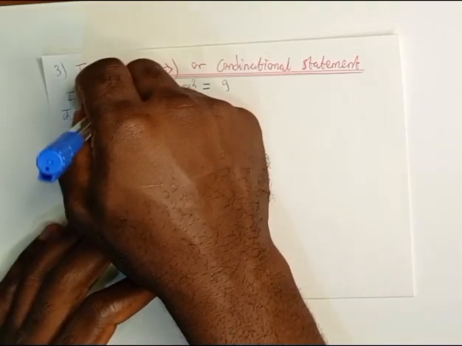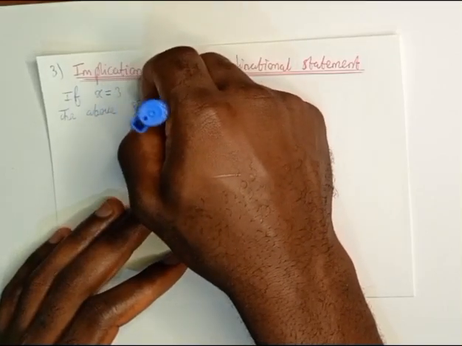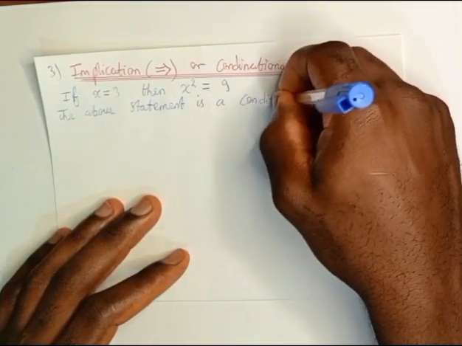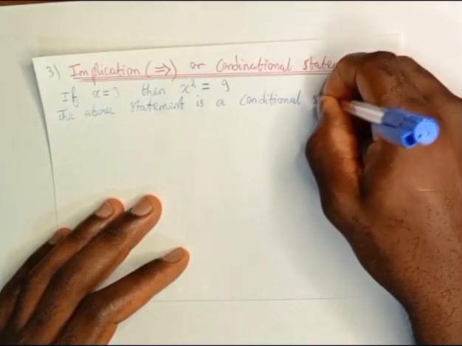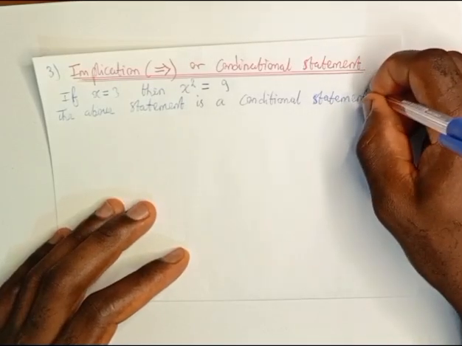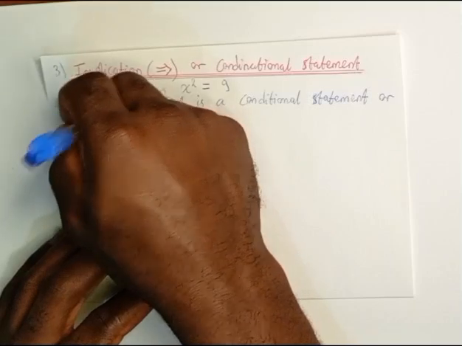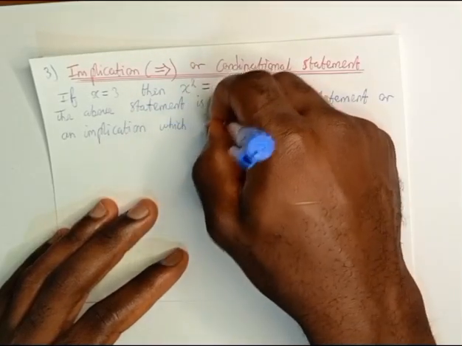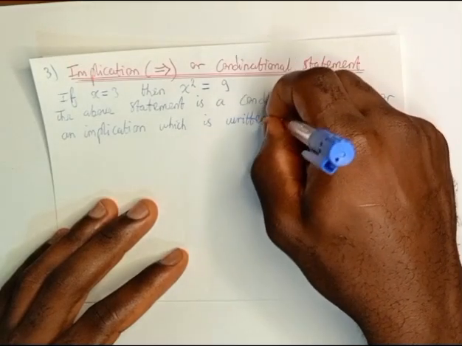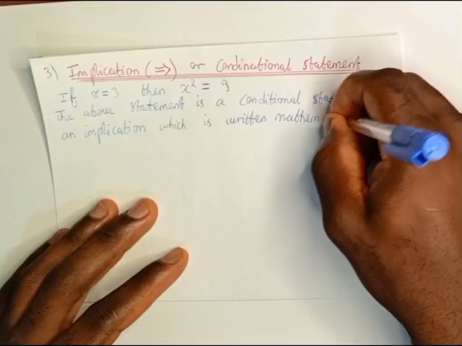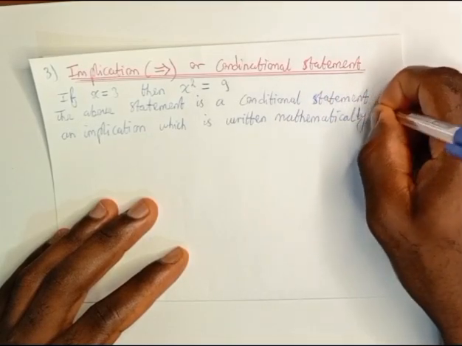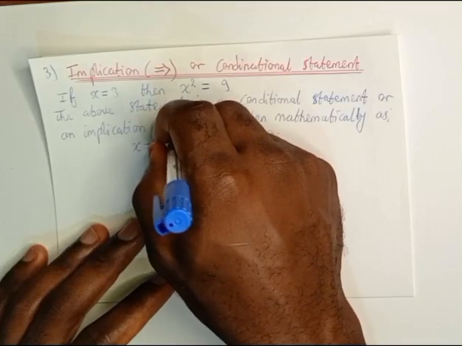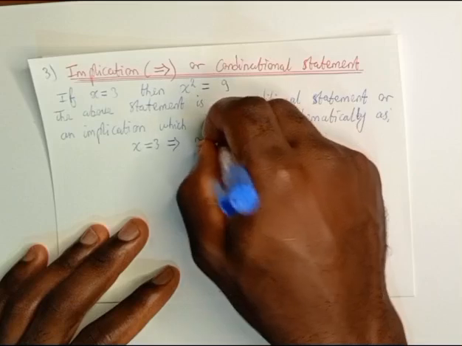The above statement is a conditional statement, or an implication, which is written mathematically as, this is how we write it mathematically, x equal to 3 implies x squared is equal to 9.